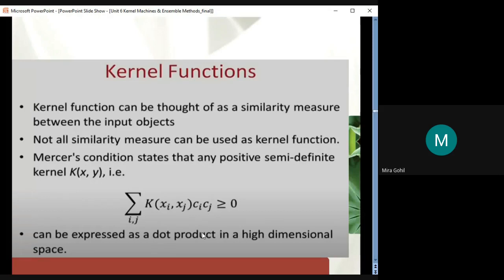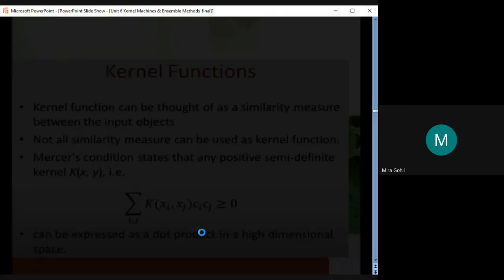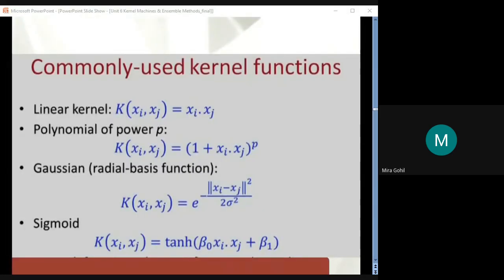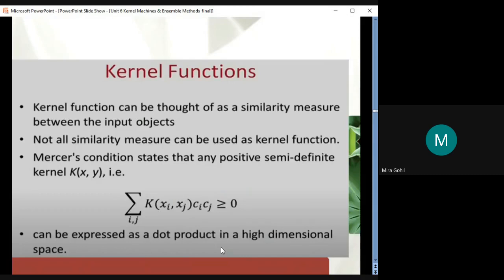So if the value is greater than or equal to 0, then that function we can use as a kernel function, otherwise not. So whatever functions we are getting over here, we have not derived normally, but we have also seen this Mercer condition. It should obey this condition, and then only we can use it as a kernel function.